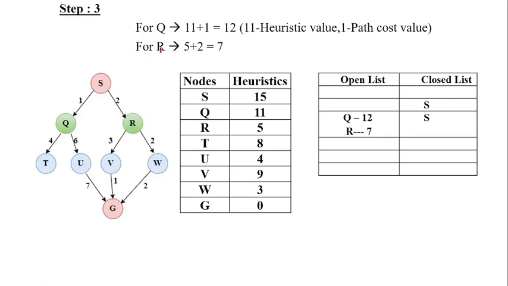Next, for R, the heuristic value is 5 and the path cost value to reach R from the initial node S is 2. So add 5 plus 2, which is equal to 7. Now place these nodes Q and R along with the evaluation cost. Q is equal to 12 and R is equal to 7. Now R has the minimum value when compared to the node Q. So move the node R from the open list to the closed list.